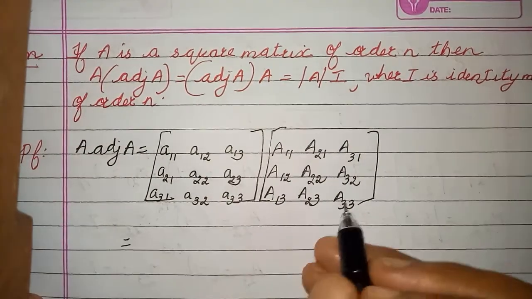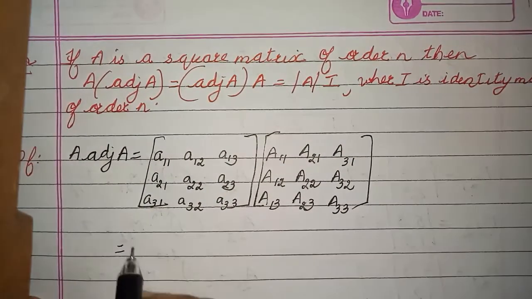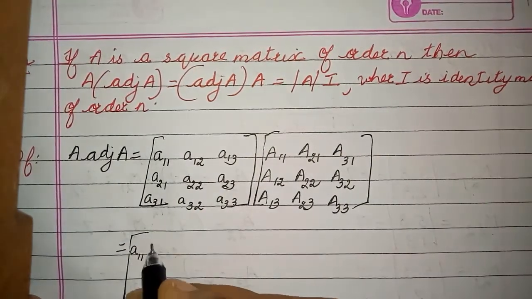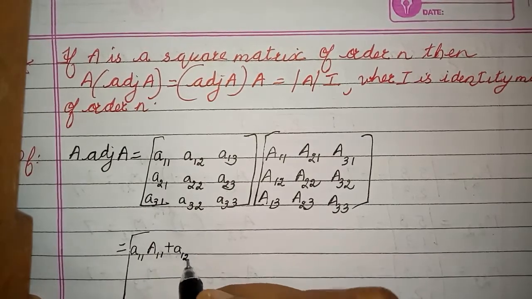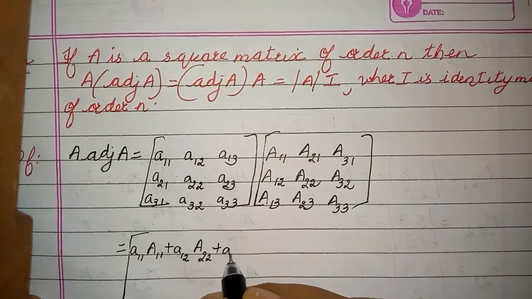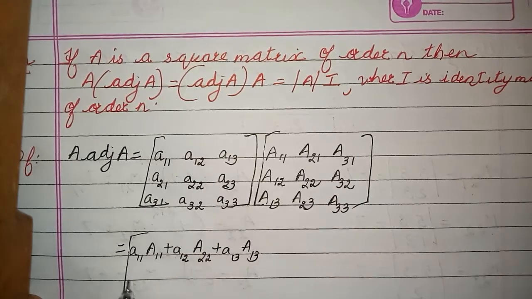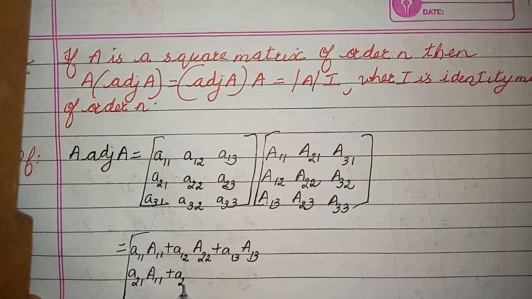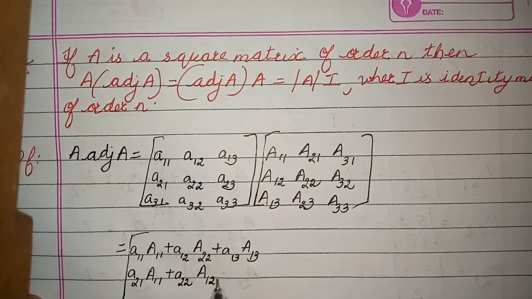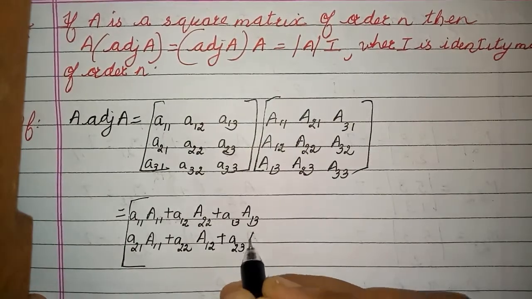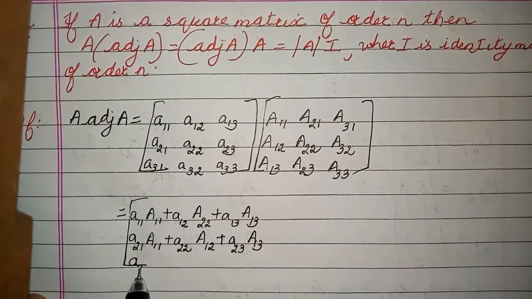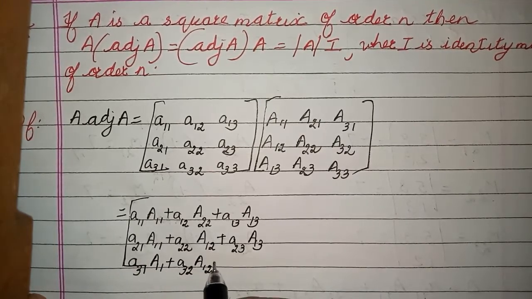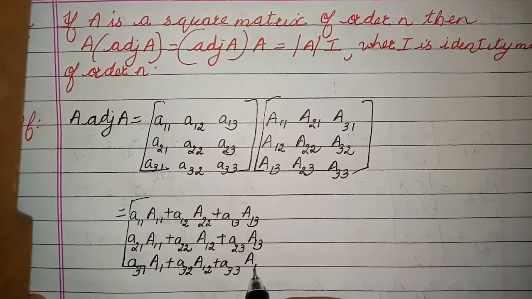So now what I will do, I have to open this, right? So I am going to open this. So how it will be? A11, capital A11 plus A12, capital A12 plus A13, capital A13. Then this row, this column, A21, A11 plus A22. Just see what I am writing. Similarly, third row, first column. This you know how to multiply. Okay.